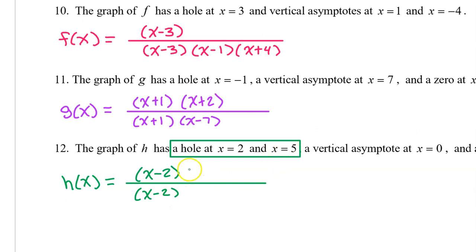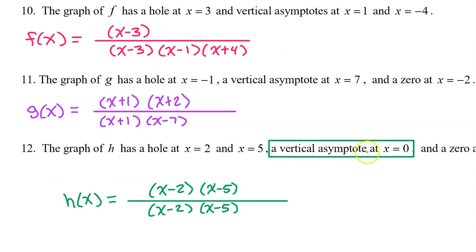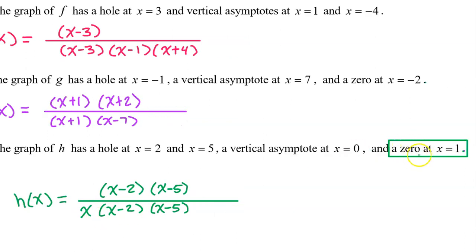Same with a hole at x equals 5, which gives us a factor of x minus 5 that cancels out. A vertical asymptote at x equals 0 means a factor of x in the denominator that does not cancel out. And a 0 at x equals 1 means a factor of x minus 1 in the numerator that does not cancel out.